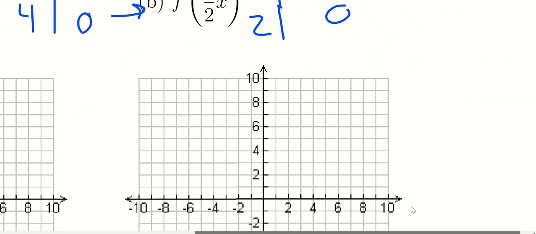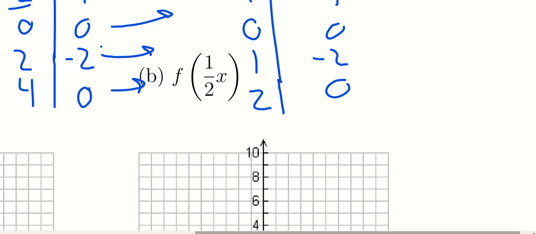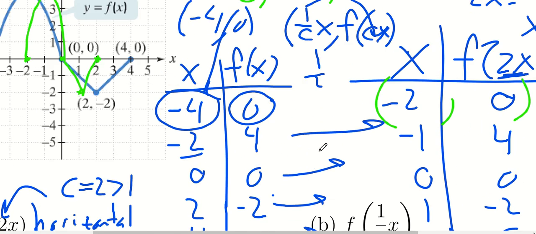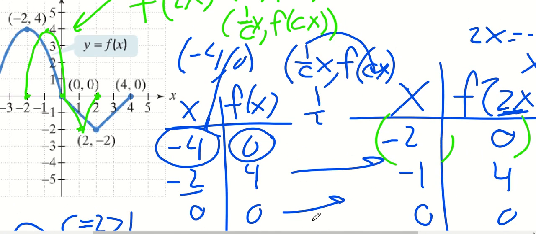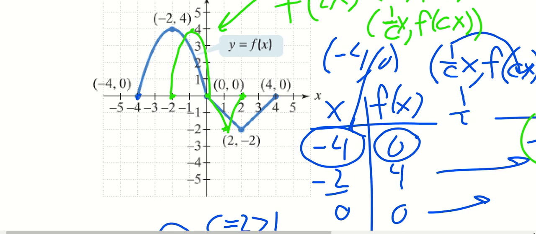Let's now do the same thing. Let's take a look at the graph of f of 1/2 x. I'm just going to use a little utility here. Let me use the same graph again, and I'll superimpose that graph over top.